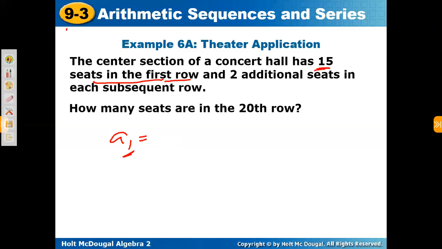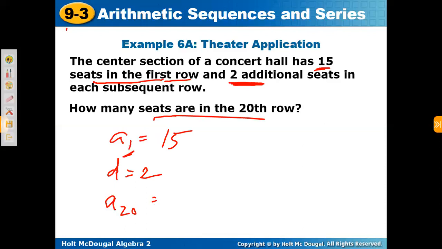And 2 additional seats in each subsequent row. That means there is an addition of 2 seats at every row. So this is basically the common difference, d. And how many seats are there in a20?